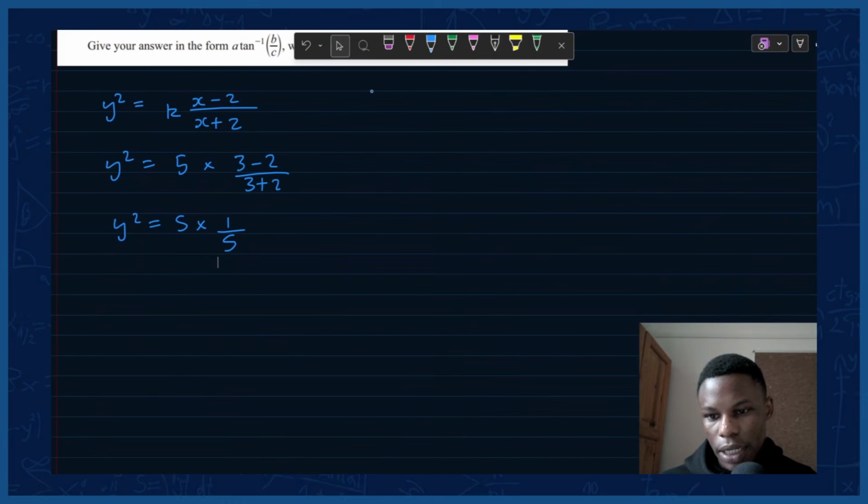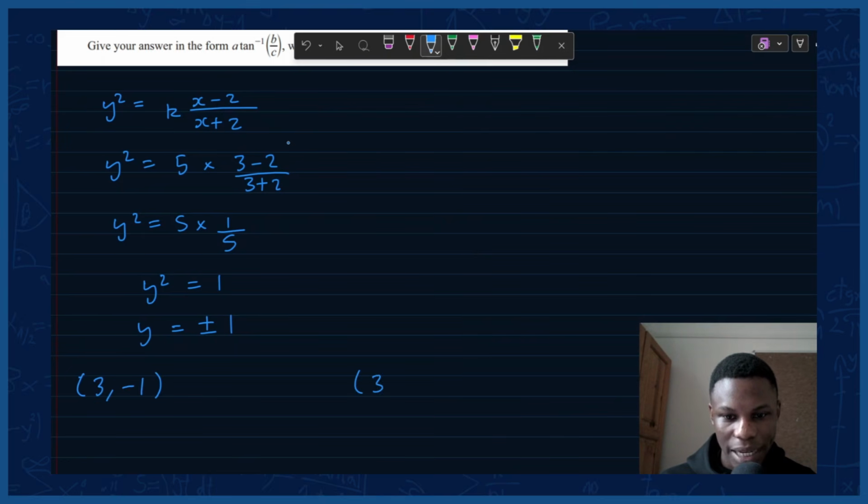That's 5 times 1 over 5, so y squared is 1, which means y is plus or minus 1. So we've got two tangents: one when x is 3 and y is minus 1, and one when x is 3 and y is positive 1.